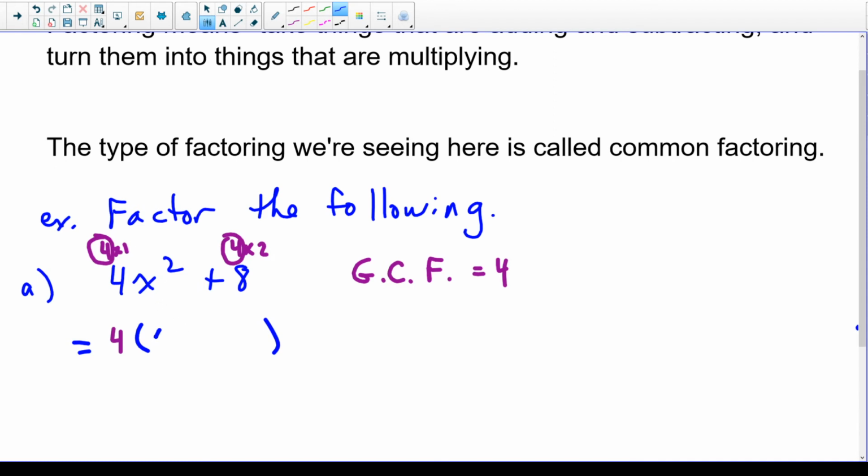So that's 1x squared, which we're just going to write as x squared. And my leftovers for the 8, I don't have a letter. So for the 8, it's just a 2. And I have now factored this expression. Now, you can always double check your answer by redistributing in your head. So 4 times x squared is 4x squared. 4 times 2 is 8.